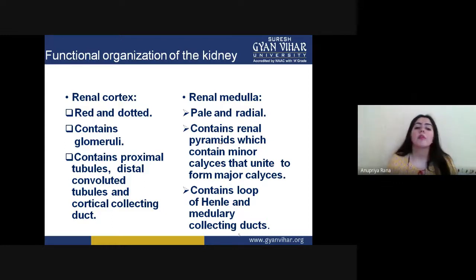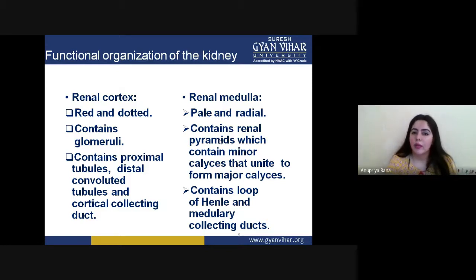So glomeruli are present in the renal cortex, which also contains proximal tubules, distal convoluted tubules, and cortical collecting ducts. So these are the three major components present inside the renal cortex: first is the proximal tubule, distal convoluted tubules, and cortical collecting ducts. In the renal medulla, they are pale and radial in shape.